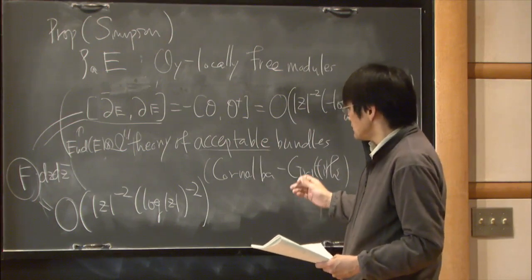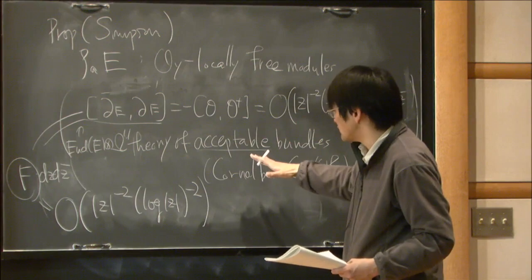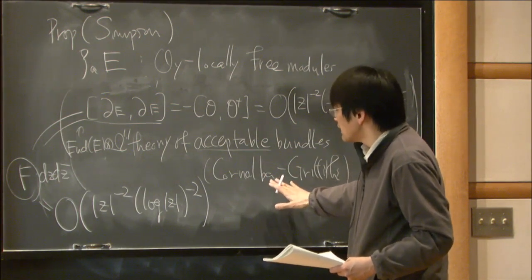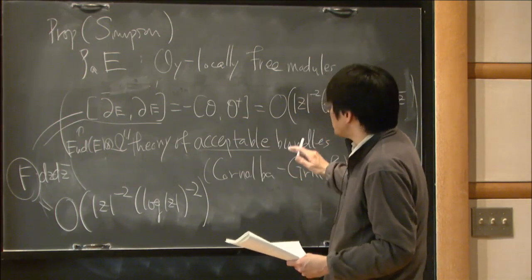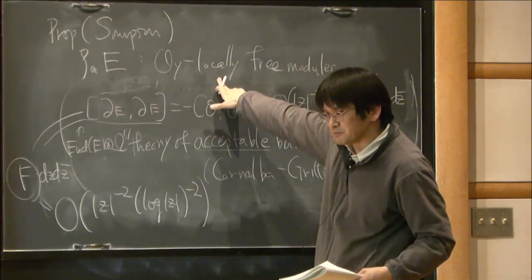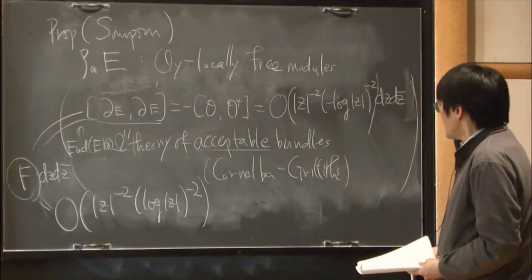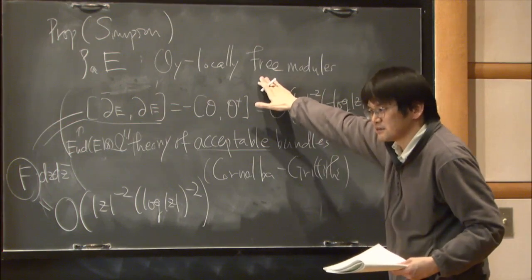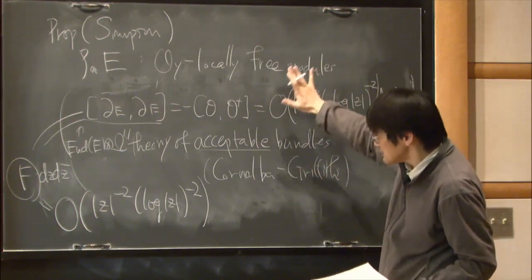General theory for acceptable bundles was studied by Kohlner and Griffiths, and in the one-dimensional case, by applying their theory, we can obtain the coherentness of this one, and it implies the locally free property. In the high-dimensional case, to prove locally freeness, we have to refine their theory, but in the one-dimensional case, it's enough.